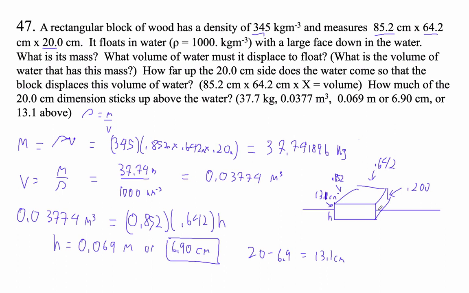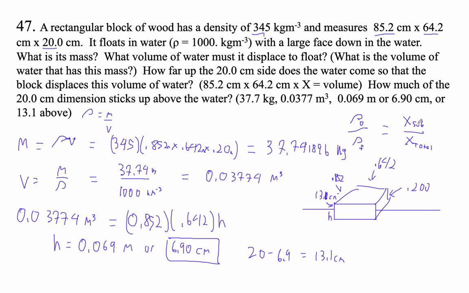Yeah? Okay, so here's the hack. Okay, you ready for the hack? The hack is this, right? The density of the object over the density of the fluid equals the x submerged divided by x total.